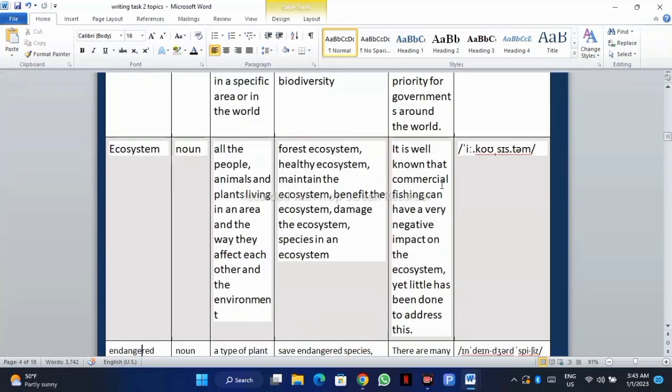and believe me, it will increase your score from 5 to 7. If you are at level 5 in your normal writing task 2, with some 10 to 12 advanced vocabulary words, you will increase your score by almost one band, and you will go from 5 to 6. Normally students are at 5 or 5.5.